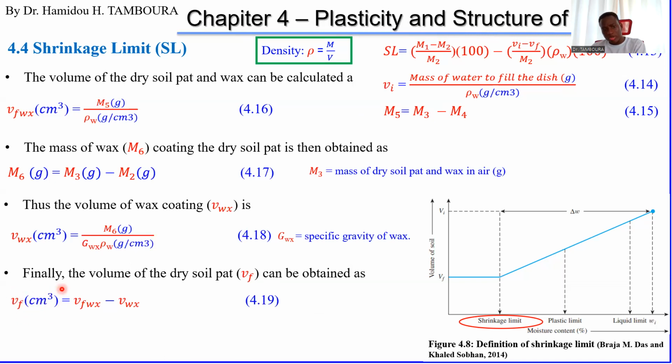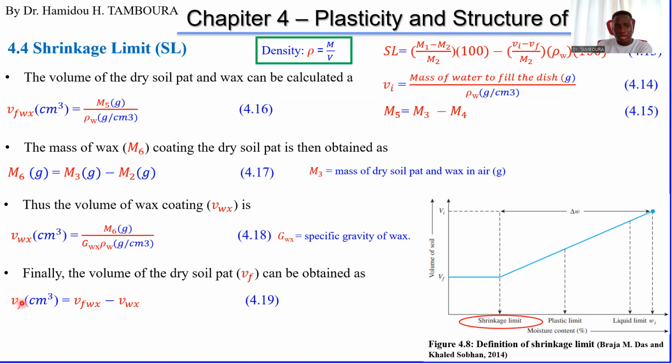The final volume is the volume of both wax and dry soil minus the volume of the wax. This volume we have here is the volume of both wax and dry soil. If we take that volume minus the volume of the wax we obtained here, we will obtain the volume of the dry soil only. So this is the volume we are looking for.